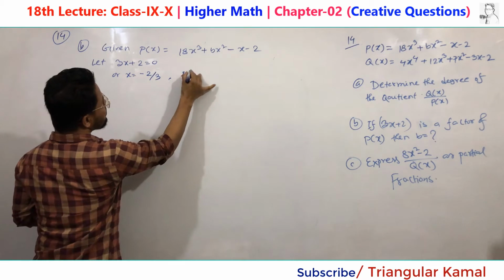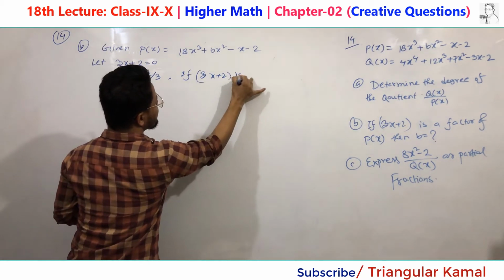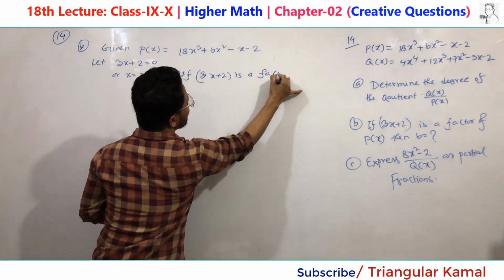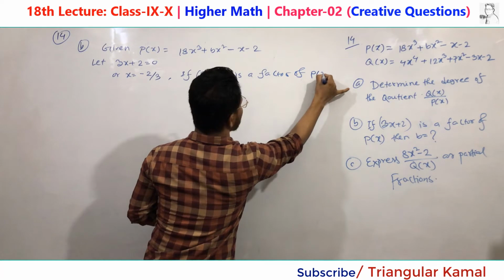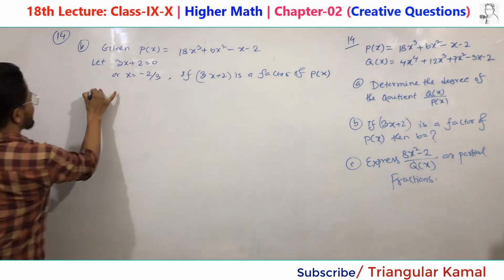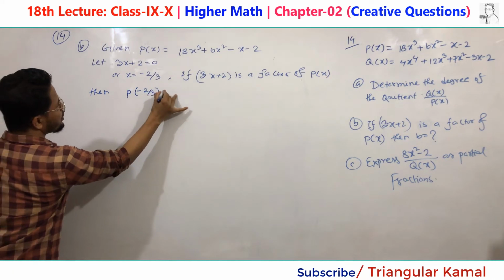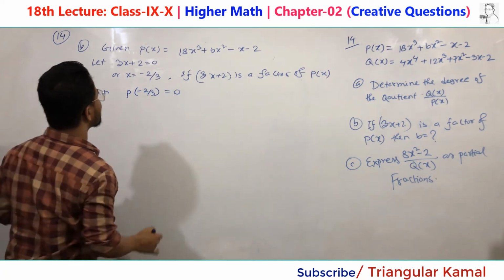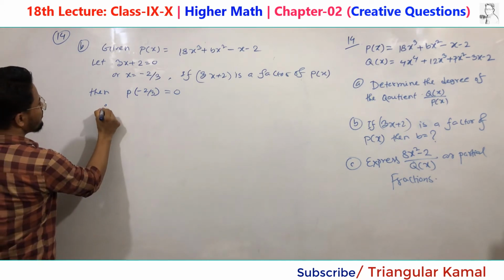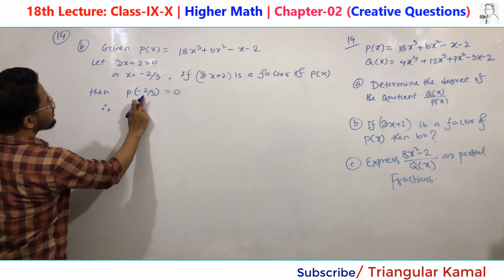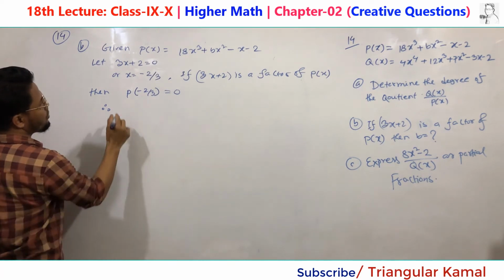Now if 3x plus 2 is a factor of p of x, then p of minus 2/3 will be 0 using the remainder theorem. So now wherever you see x, apply minus 2 by 3.